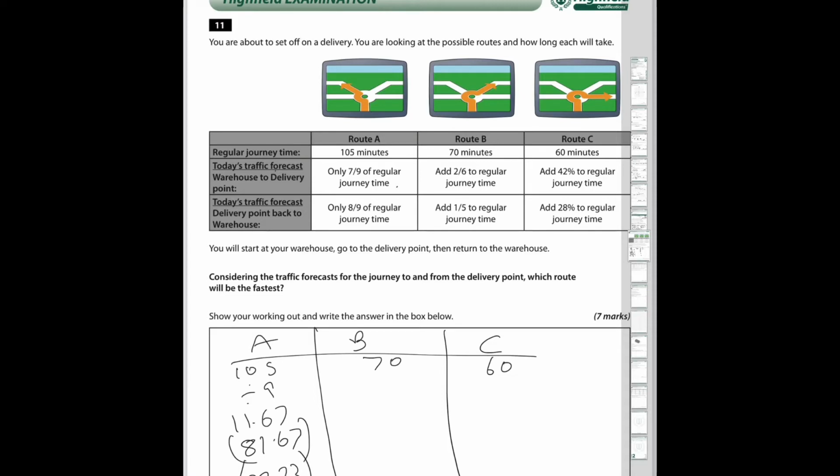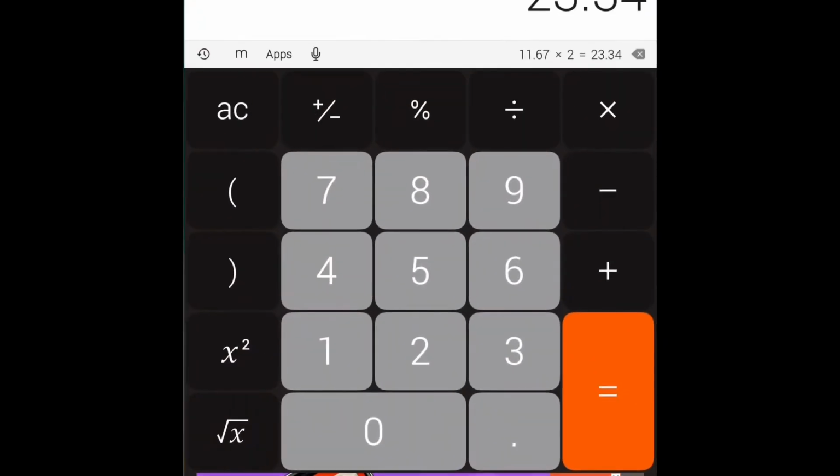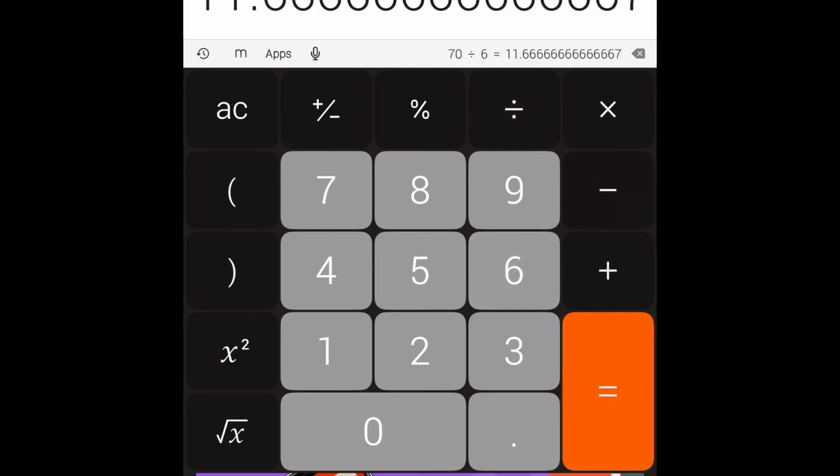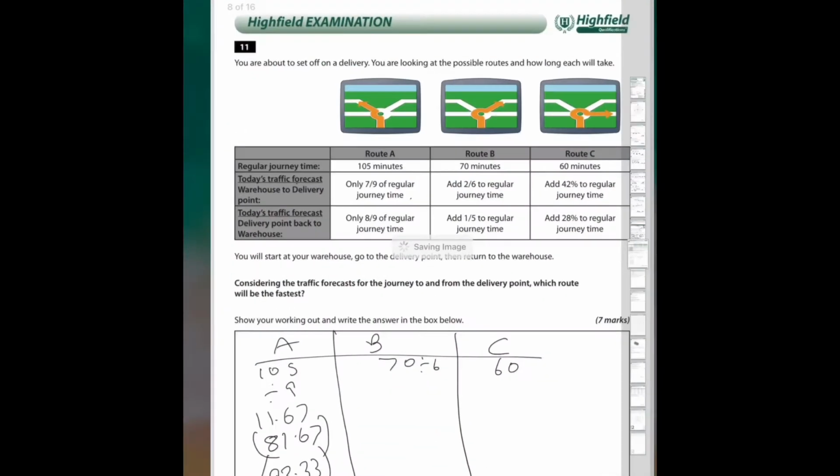So what we need to work out is what 1/6 of 70 minutes is. So divide that by 6. So 70 divided by 6 is 11.67.